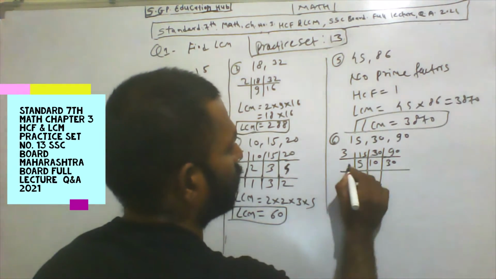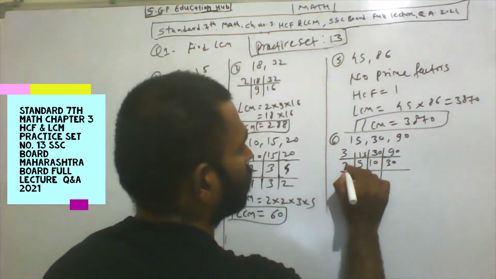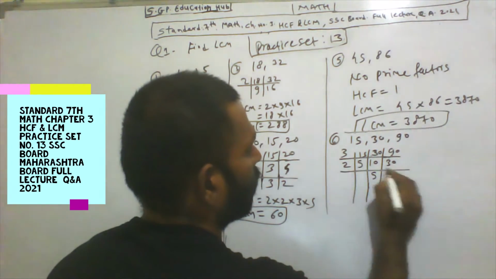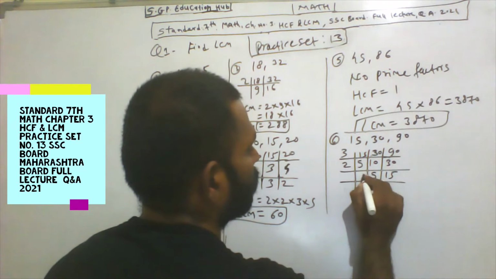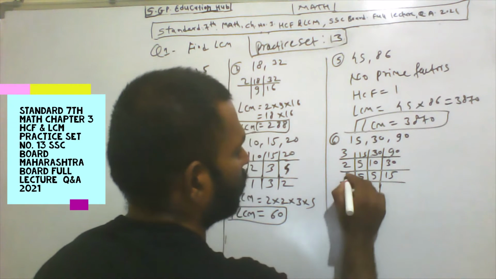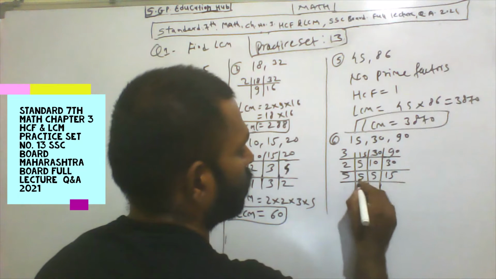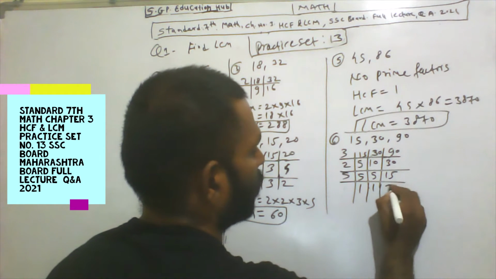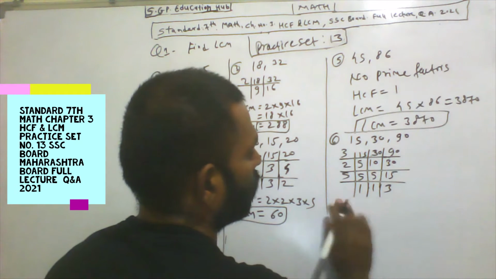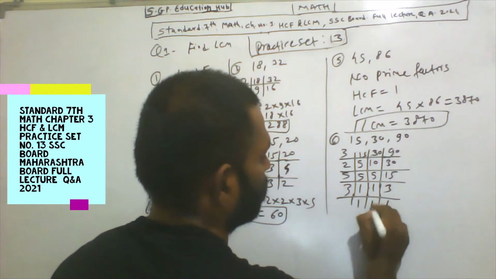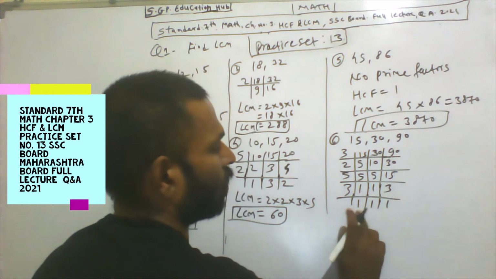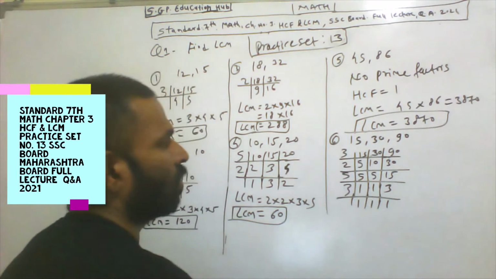So 10 2s are 5 and 15, 5 remains the same, then 5 1s are 5, 5 3s are 15. And 3 1s are 3. Now the remainder is 1, all three 3s.